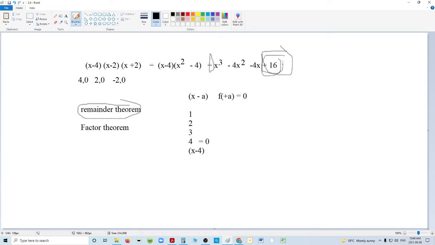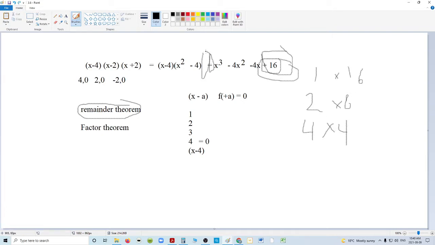Well, the only way to produce a 16 at the end is 1 times 16, 2 times 8, 4 times 4, and that's it. You can also have every minus version of that, like minus, minus, minus. And that's 16.